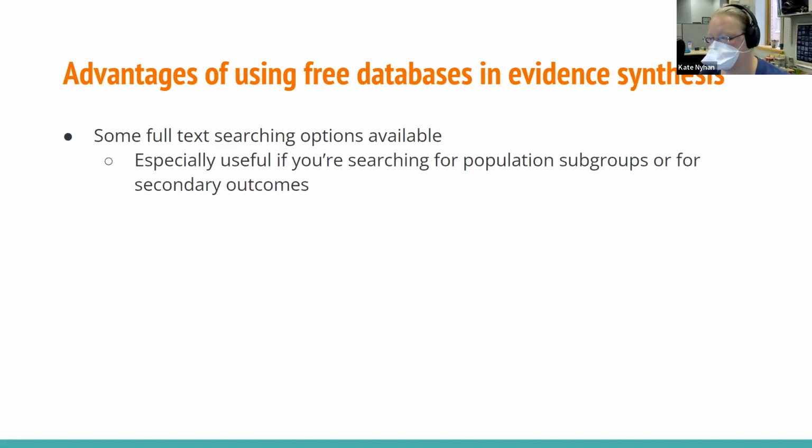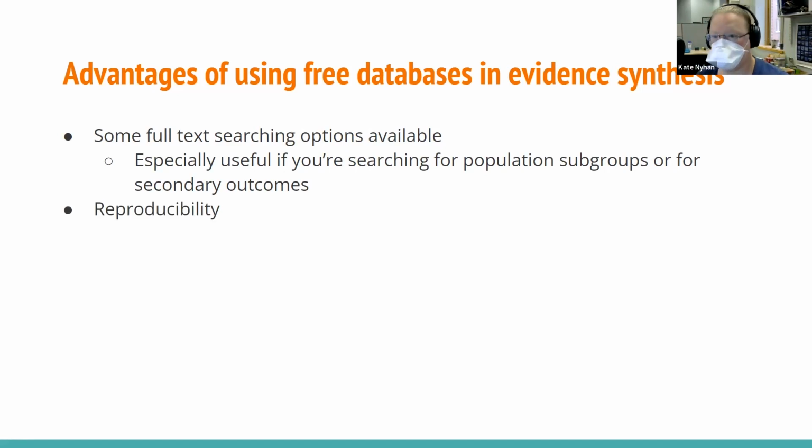This is especially useful if you're interested in a population subgroup or a secondary outcome, something that might be mentioned in the paper's methods or results section without being mentioned in the paper's title or abstract.